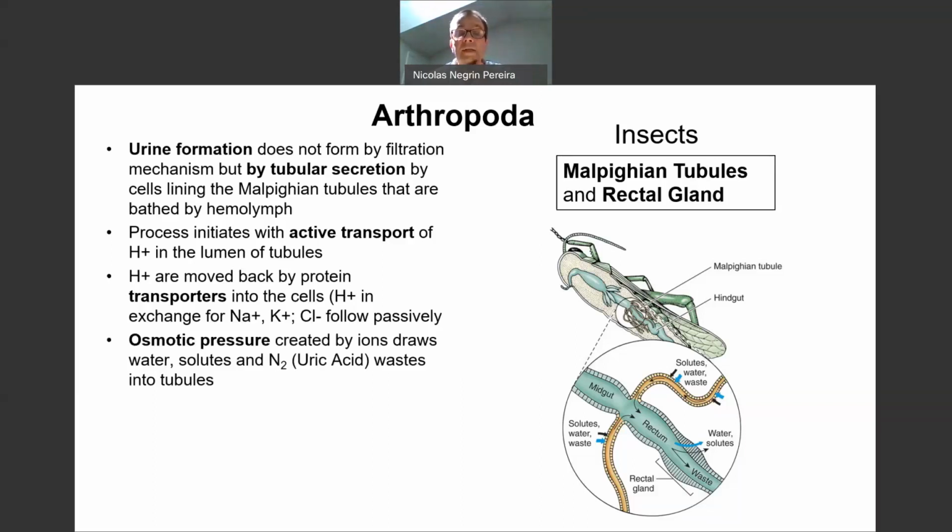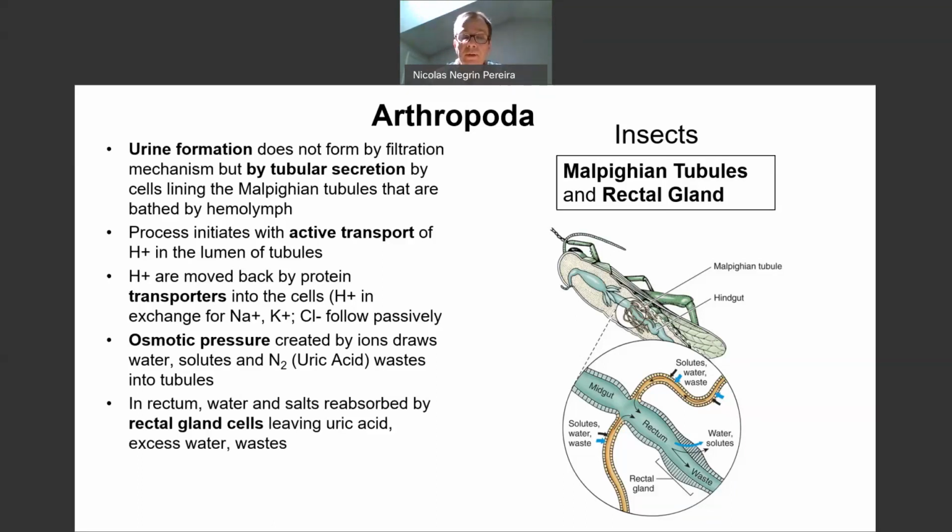So that's how this works. The osmotic pressure created by the ions will draw water, solutes, and uric acid waste into the tubules. And in the rectum, water and salts are going to be reabsorbed by the rectal glands, and the end product will be uric acid, as we saw before, and the excess of water and waste.